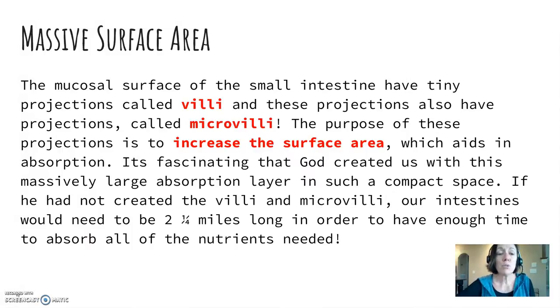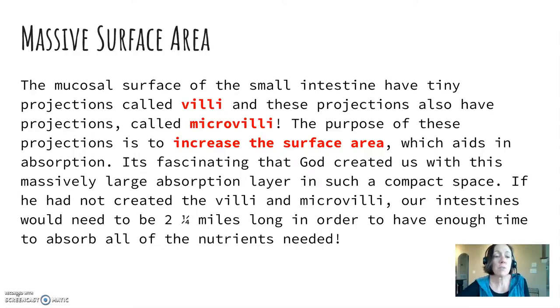The mucosal surface is the inner lining of the small intestine. If you were to look at a garden hose and look inside the surface inside, that's the mucosal surface. There are tiny projections that stick out everywhere. Those are called villi. And these projections each have projections on their surface, and those are called microvilli.